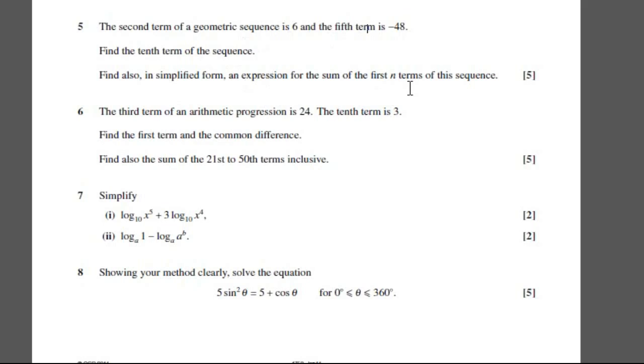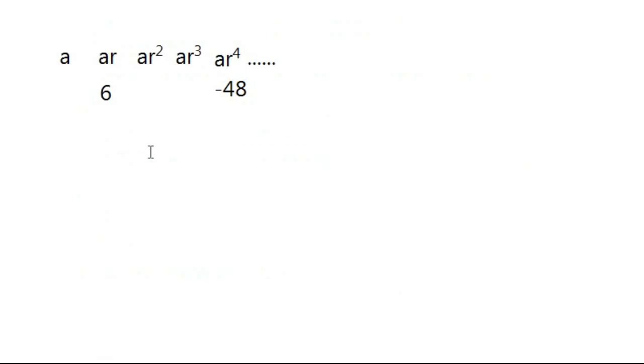And now here it is. Again, you need to do sum of sequences, and so let us get started. Okay, so let us tackle the first part of this question by finding the 10th term.